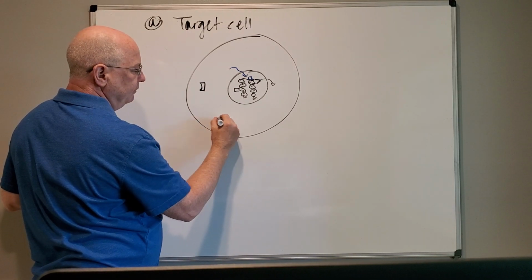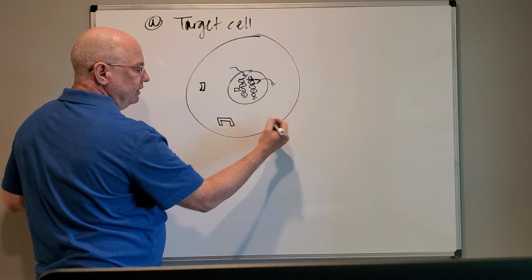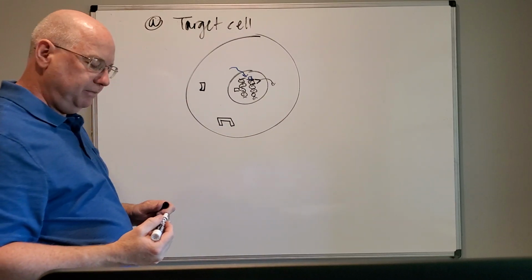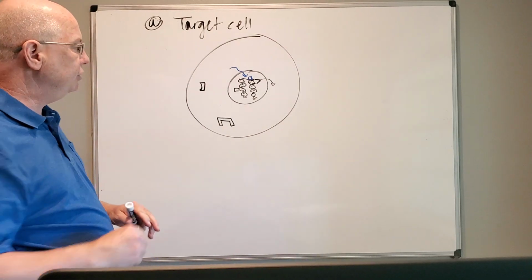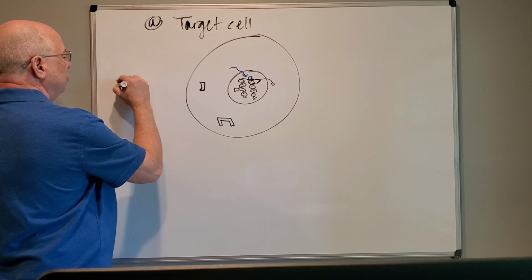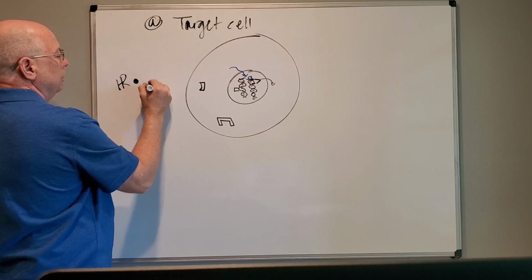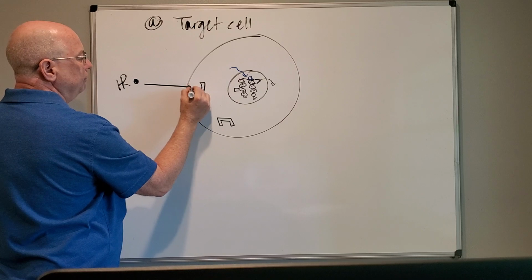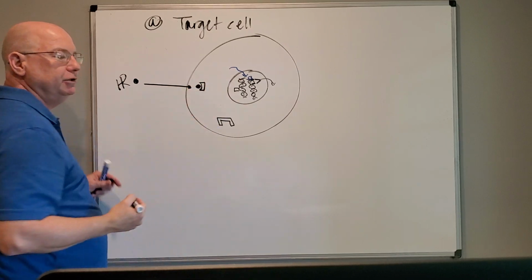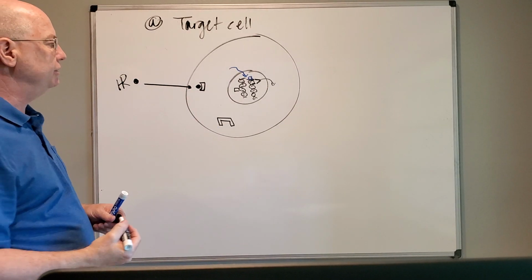And the cell can have different receptors. It can even have membrane receptors for other compounds. Now in this situation, the hormone will pass straight through the cell membrane, enter the cell, and bind to the receptor inside the cytoplasm.